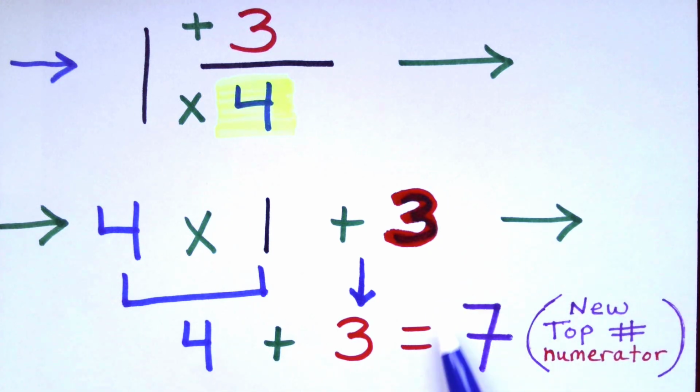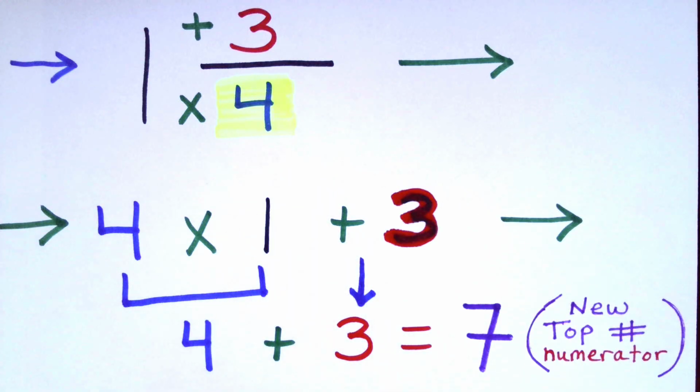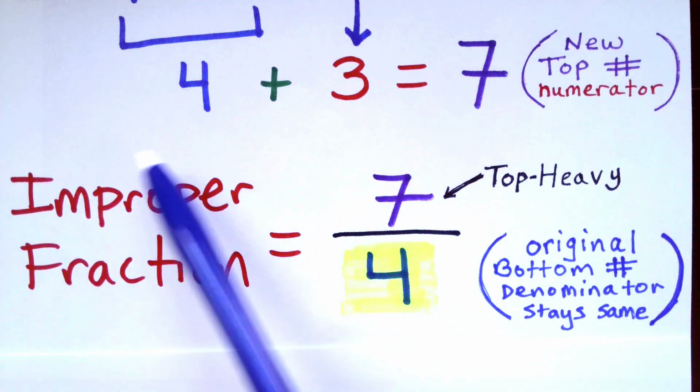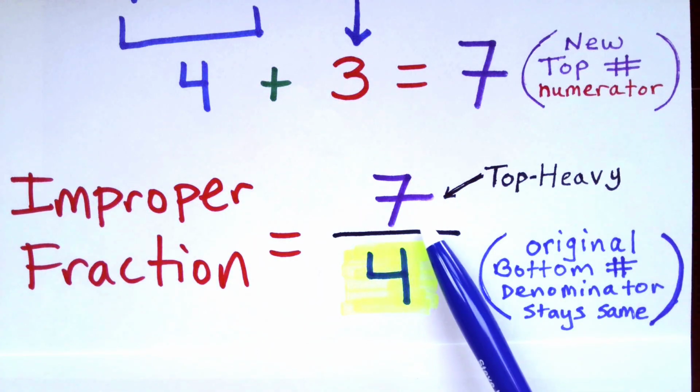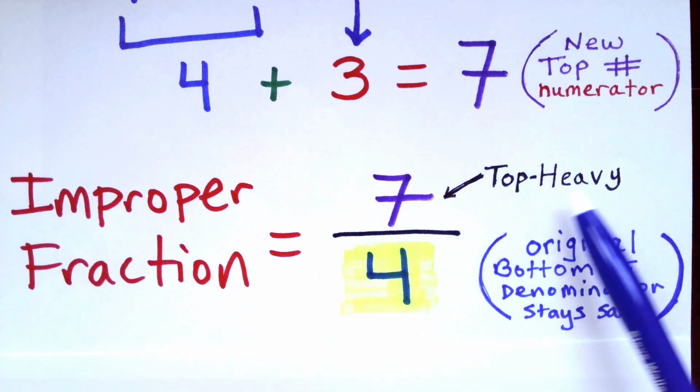That is going to be our new top number, or our new numerator. And if the bottom, the denominator, stays the same throughout, and 7 is our new numerator or top number, what's our improper fraction going to look like? All right, if you said 7/4, you rock the Casbah. Right, of course, that is our improper fraction, it is top heavy, right? 7 will be our new numerator.